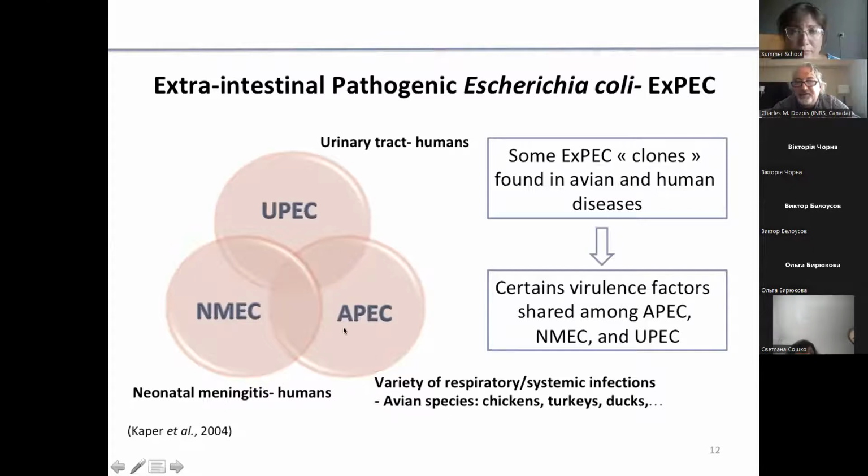And in the avian species, you also get some specific pathotypes or ST sequence type groups that seem to be more specific only to the poultry, but less associated and therefore unlikely to be able to cause human infection. So there's a spectrum of broad host specificity and some that may be more specific to certain hosts. But of course, E. coli as a whole is able to cause multiple infections in different hosts.